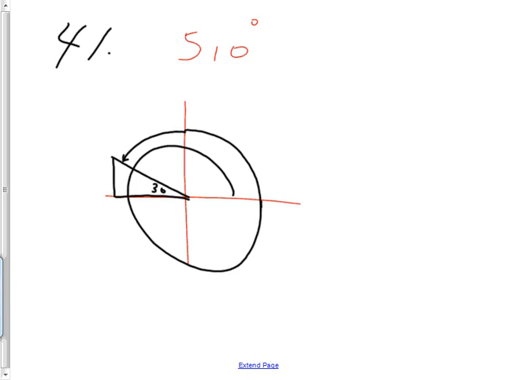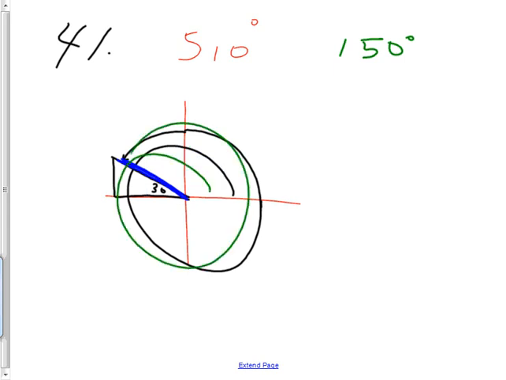Okay, but 30 is not the right answer. What they wanted was what's coterminal. What's in the same exact spot as this right here? Well, how can I get there? I can go this way, and I'd be 90 plus 60 more would make what? 150 is coterminal then? 150 is one of your answers? I could go all the way around past it, like this, go past it and then come back to it.